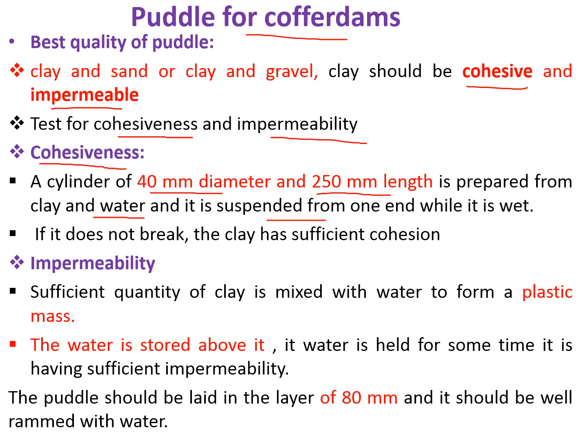It is suspended from one end while it is in wet condition. If it does not break, then it has sufficient cohesive property. And for impermeability, a sufficient quantity of clay is mixed with water to form a plastic mass, and water is stored above it. If water is held for some time, you can say it has sufficient impermeability. These two tests are generally done before selection of puddle.